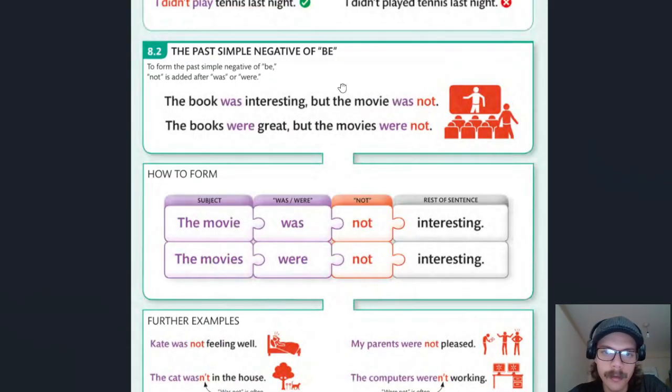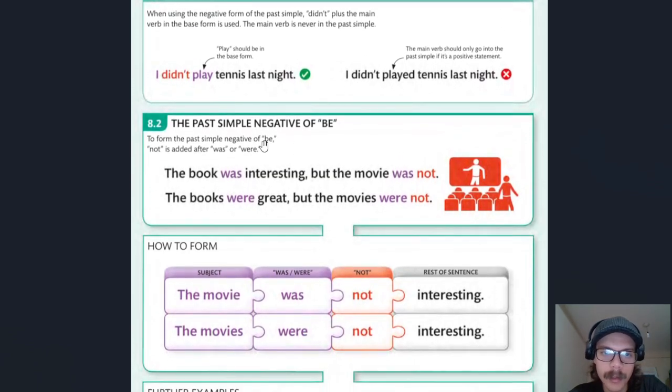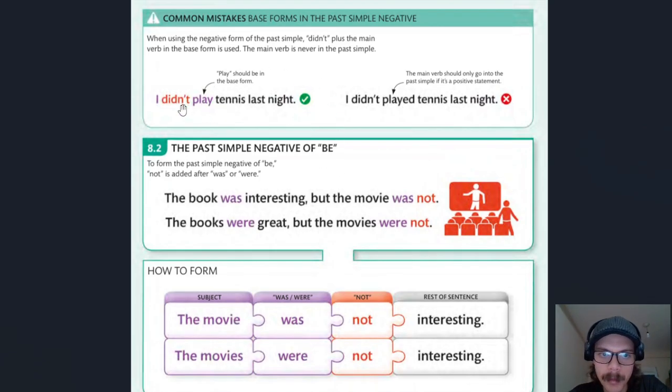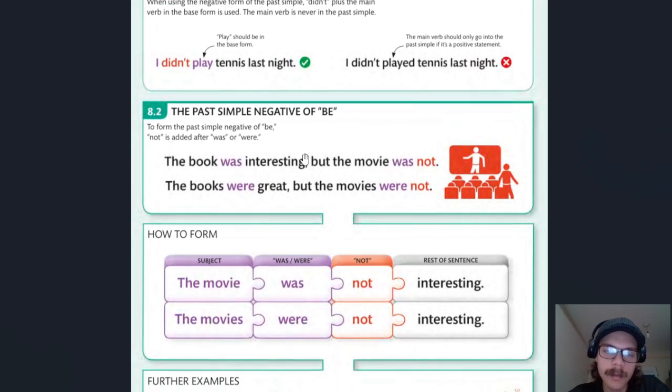Great. For the second page we have here, we're going to focus on using the verb be, right? In the previous page, we saw the example like I didn't play, where you're using any verb like play, jump, run, sing, okay? In this case, we're going to see what happens when you use the verb be.